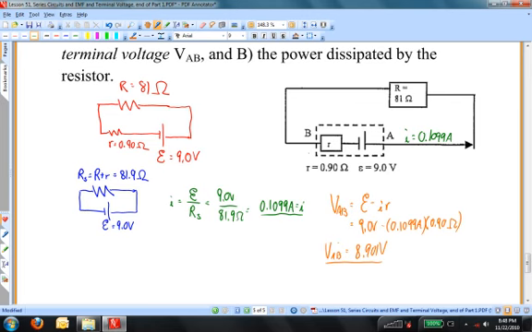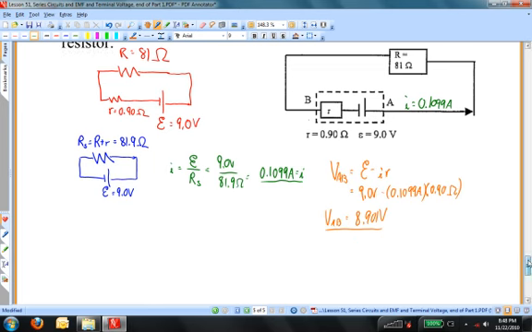So how much power is dissipated by the resistor? Now, by the resistor in this case, what they mean is the external resistance, the 81 ohms. There are a couple of ways I could solve this. I could say that the power dissipated by the resistor is going to be I squared times that resistor.